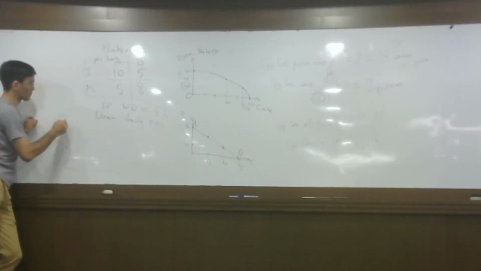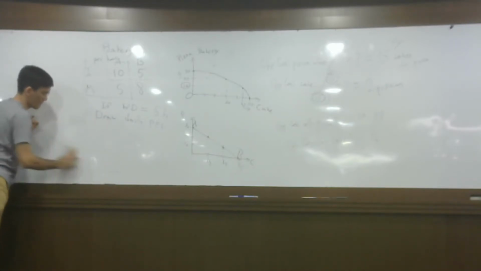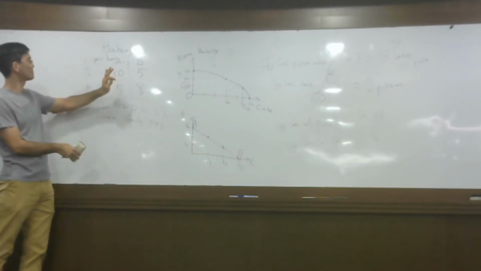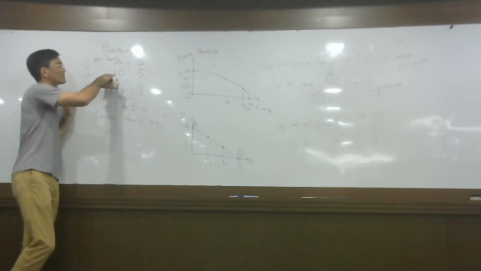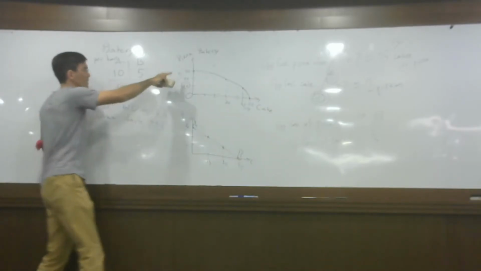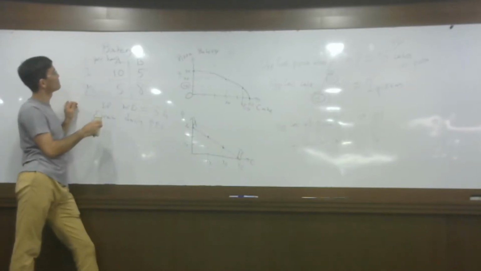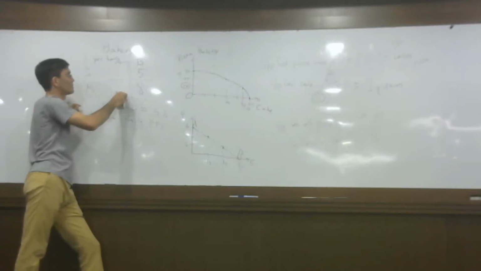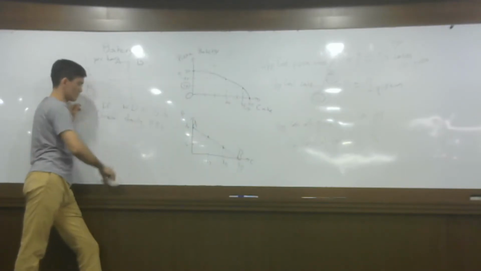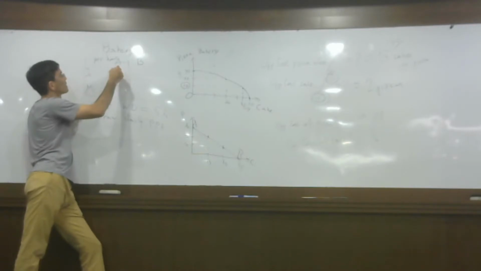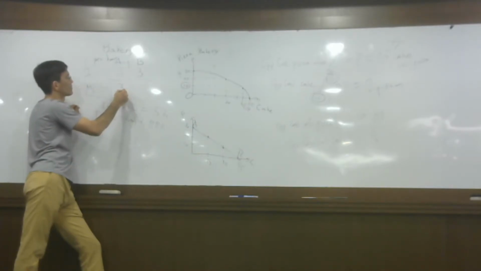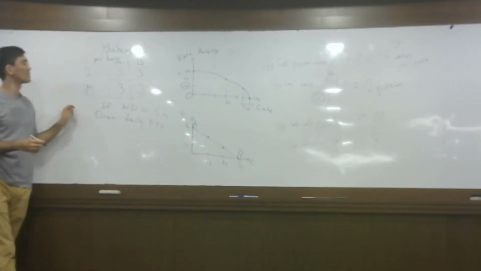No, I'm sorry, let me change the numbers. It's going to be probably simpler if we have something that is very difficult to make. This will be kind of too tricky. Let's say maybe 2 for 3, and this is, let's say, 3 for 2, something like that.